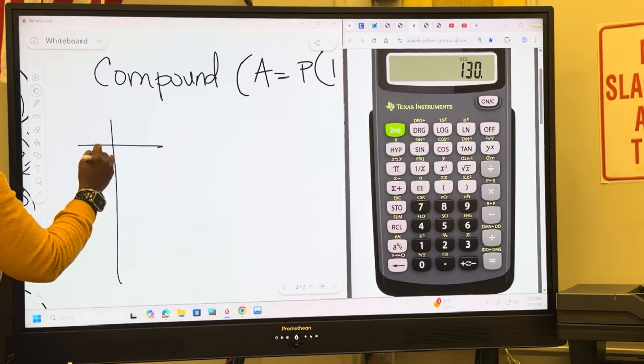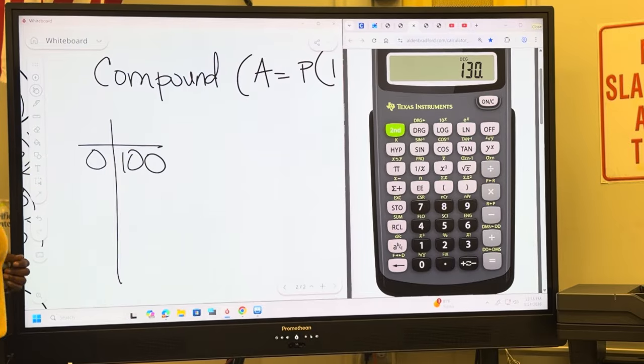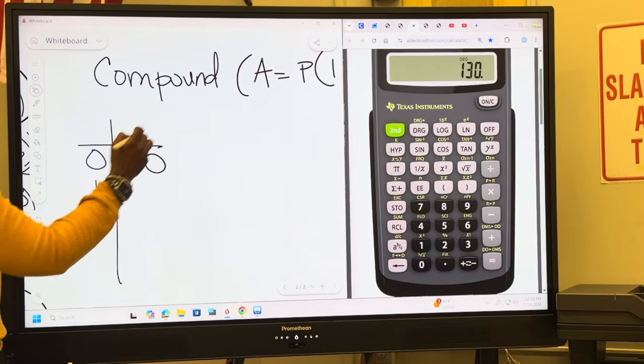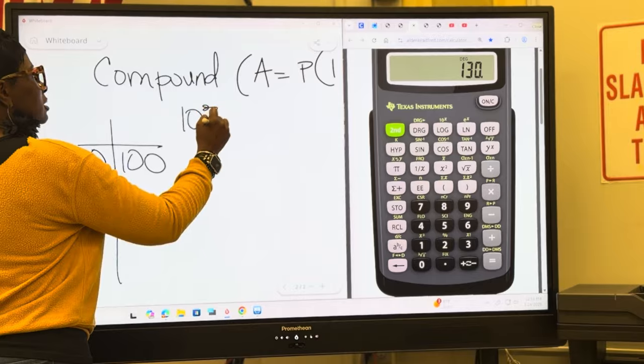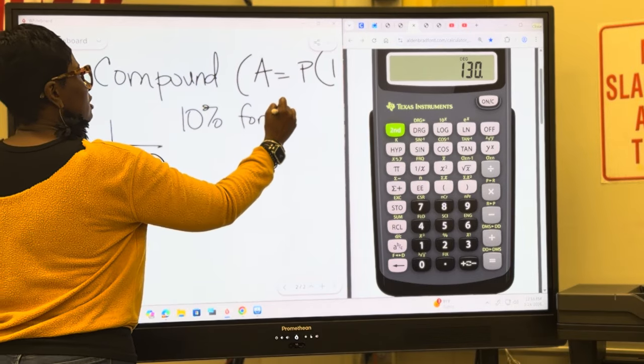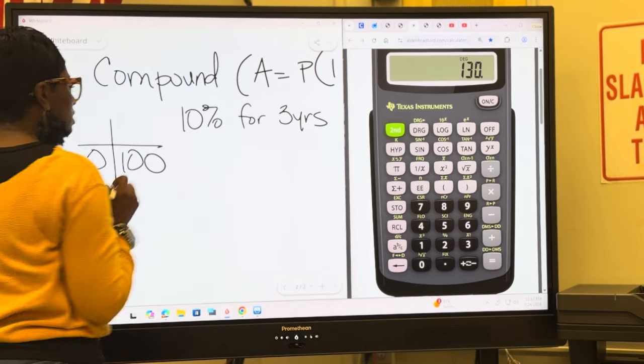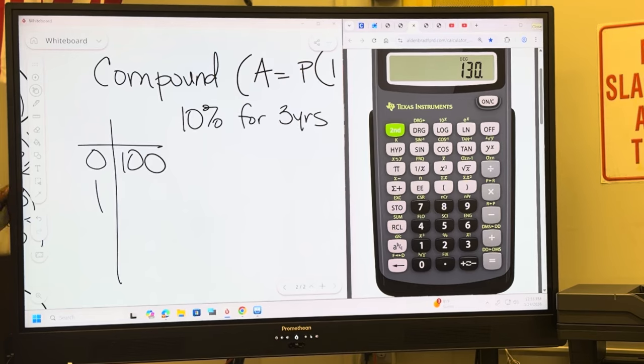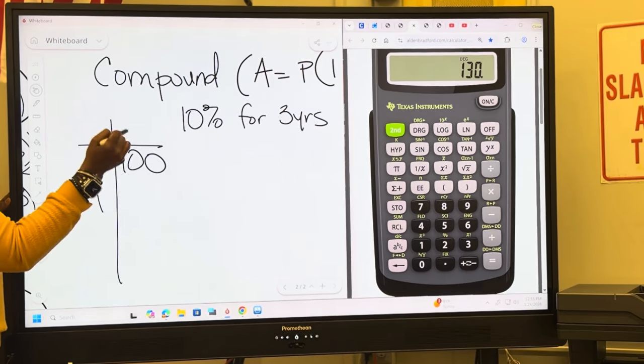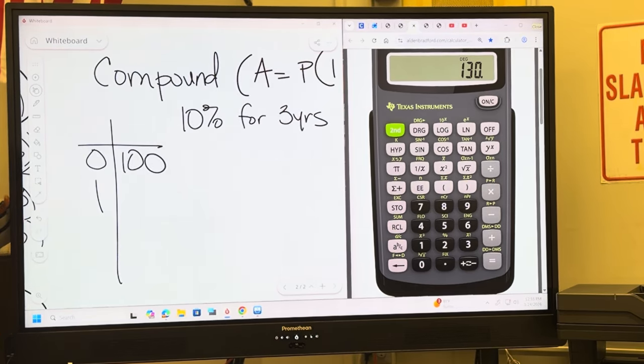So at the beginning, it's how much? $100, right? Y'all with me? Yes. After year 1. So if I'm charging him 10% for 3 years, let's see how it looks. 10% of $100 is how much?